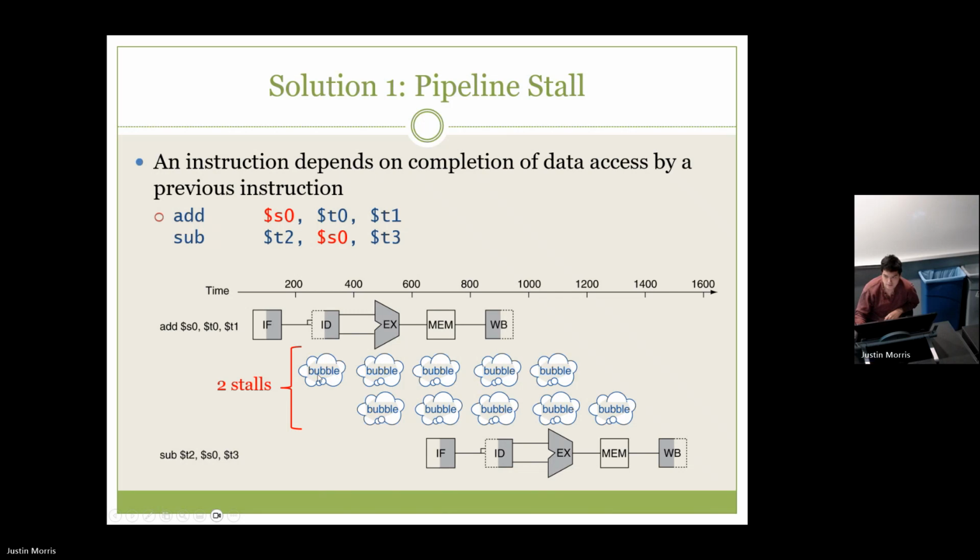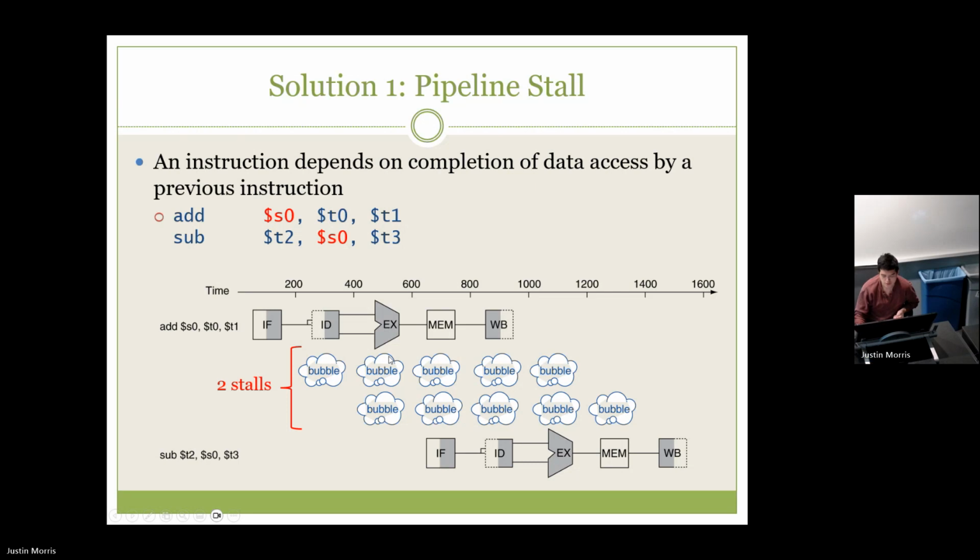And then in the third cycle, the add is executed and we decode the sub. And it's when we're decoding the subtract that we figure out we're trying to read the same operand as the instruction before us is writing to.